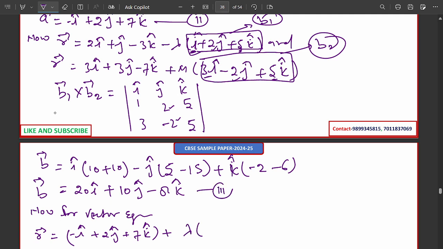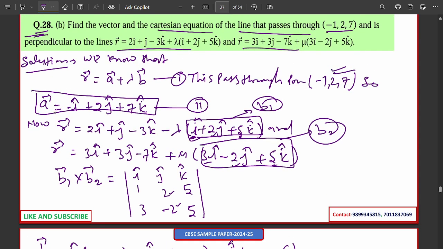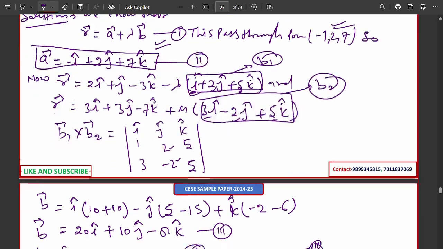This is the third one. So 20 i unit vector plus 10 j unit vector minus 8 k unit vector is from the third equation, and this is from the second equation. We have already found it. This is A, and the values of vector A and vector B we should put in equation number 1.